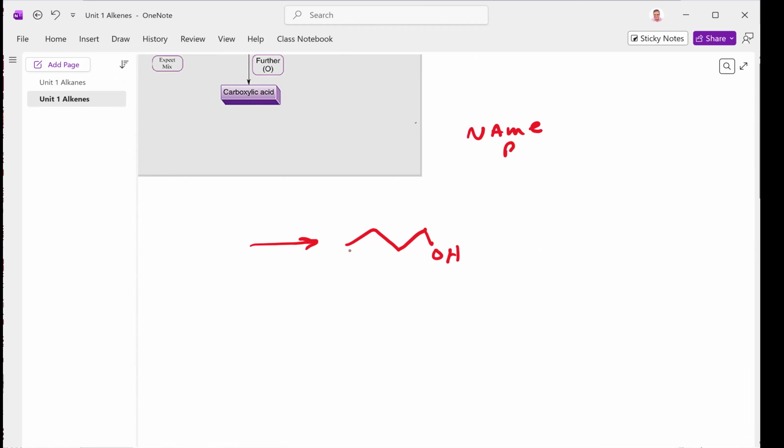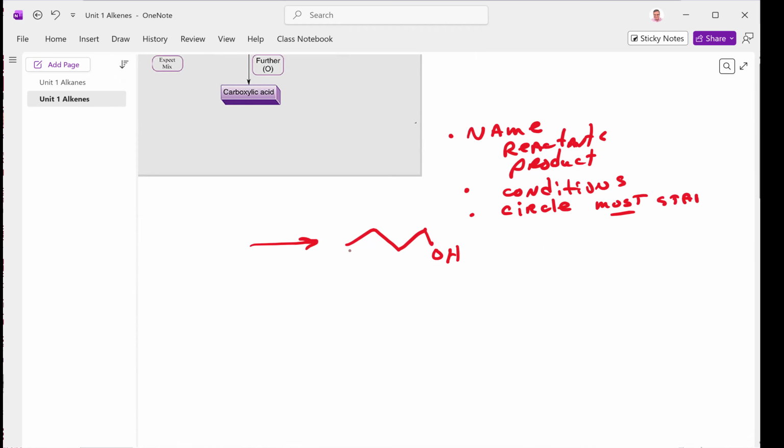Name the reactants, products, and name the most stable product.